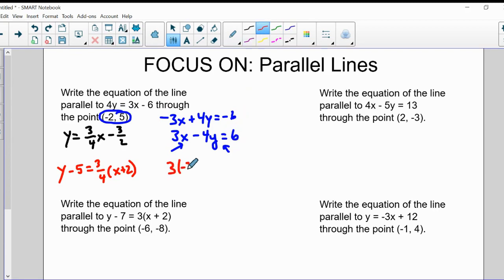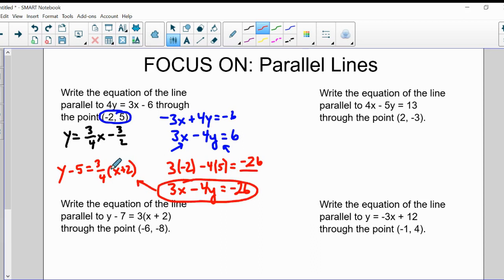So 3 times negative 2 minus 4 times 5 equals some number. Well, that's negative 6 minus 20, so negative 26. So the answer is 3x minus 4y equals negative 26. And what you'll notice is that if I manipulated this point slope equation, I would end up with 3x minus 4y equals negative 26.